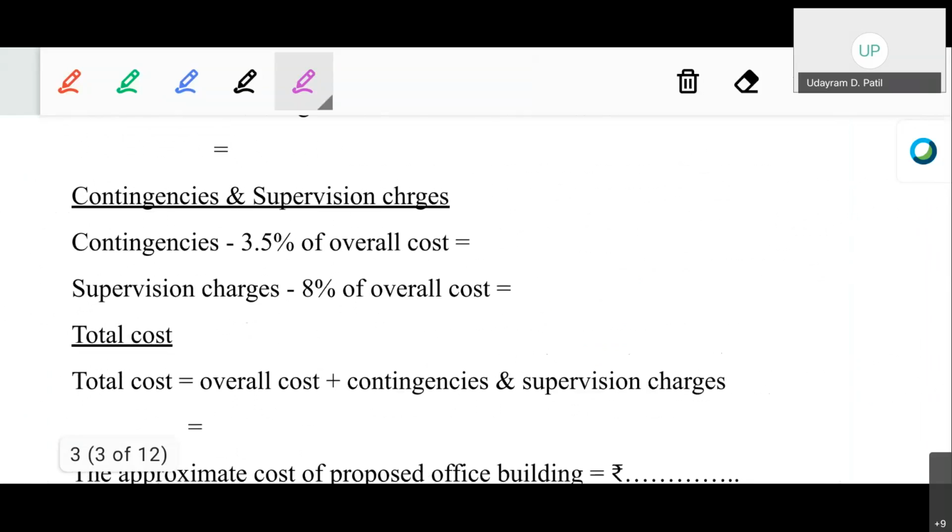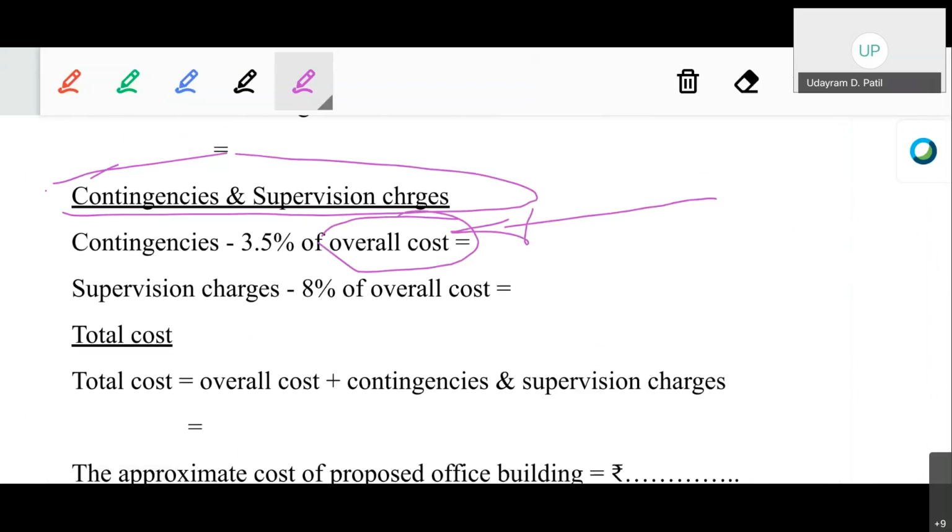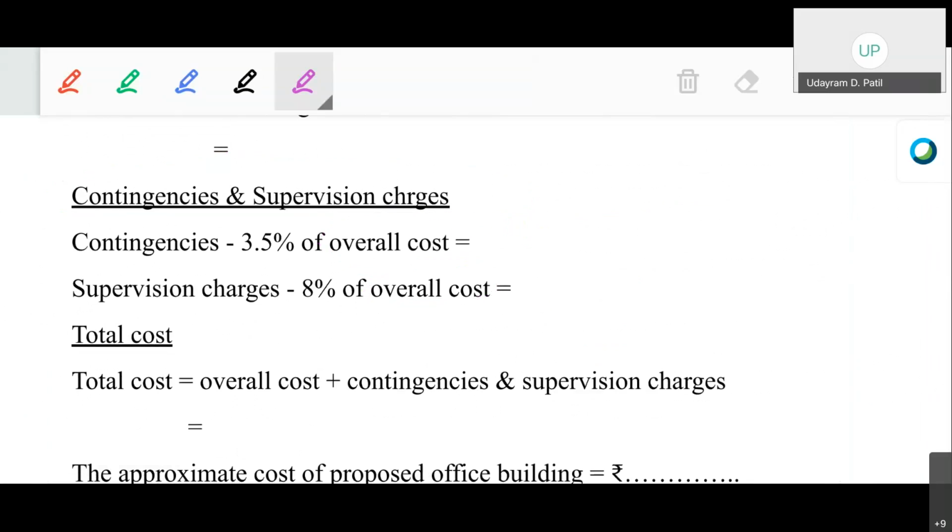Now, calculating the cost of the contingencies and the supervision charges. As we already know, contingencies and supervision charges will always be taken on the overall cost. Remember these 2 points. In case of the services, we are taking the particular percentage on the building cost, and in case of the supervision charges and the contingencies, we are going to take that particular percentage on the overall cost. Remember this always.